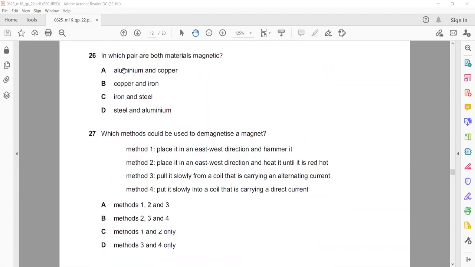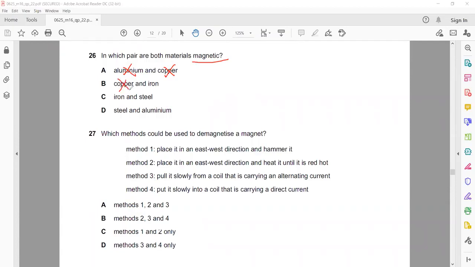Question 26. In which pair are both materials magnetic? Magnetic material means it can be attracted by a magnet. For option A, aluminum and copper are non-magnetic materials, which means they are not attracted by the magnet.